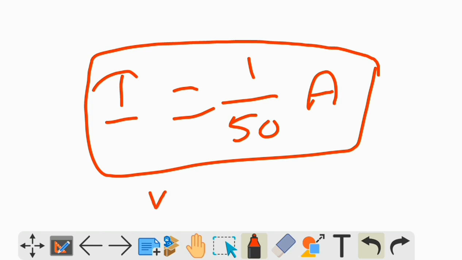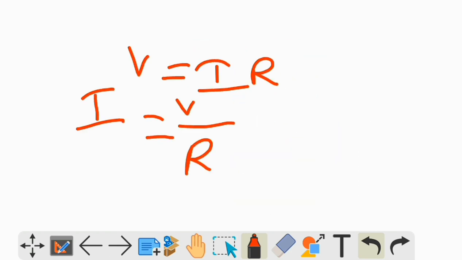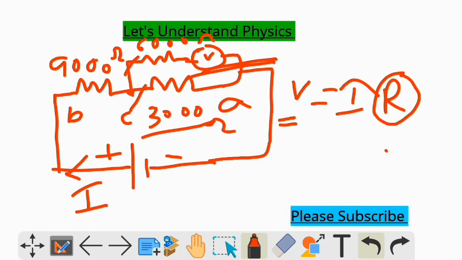Now V is equal to IR. So here what is this V? It's not the supply connected. It is the voltmeter reading which we have to find. Current is same for entire circuit, isn't it? But the resistance which is connected across the voltmeter, only for that we have to get the voltmeter reading.